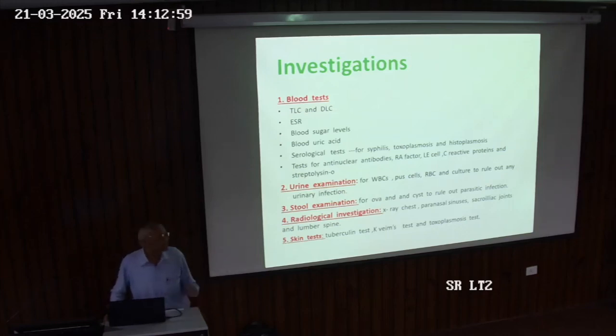Stool examination for ova and cysts. Radiological examination is also very, very important, especially of the sacroiliac joint, the chest X-ray, and the lumbar spine. Skin tests: tuberculin, Kveim test, and toxoplasmosis test. Almost these are the normal investigations. We must do them.